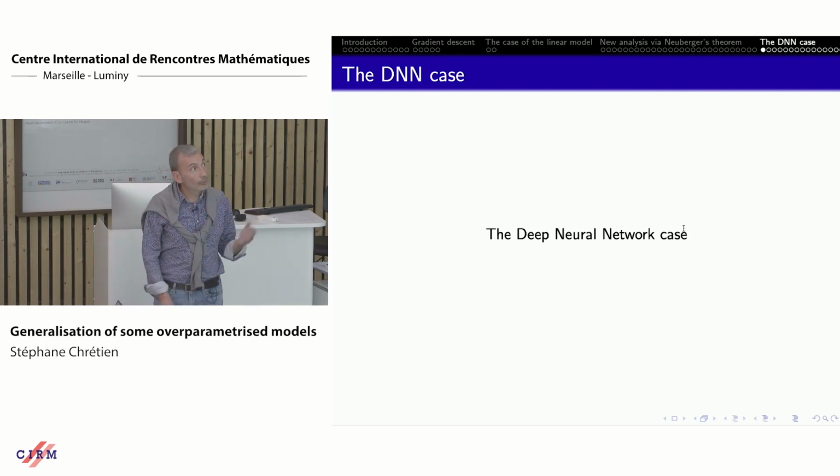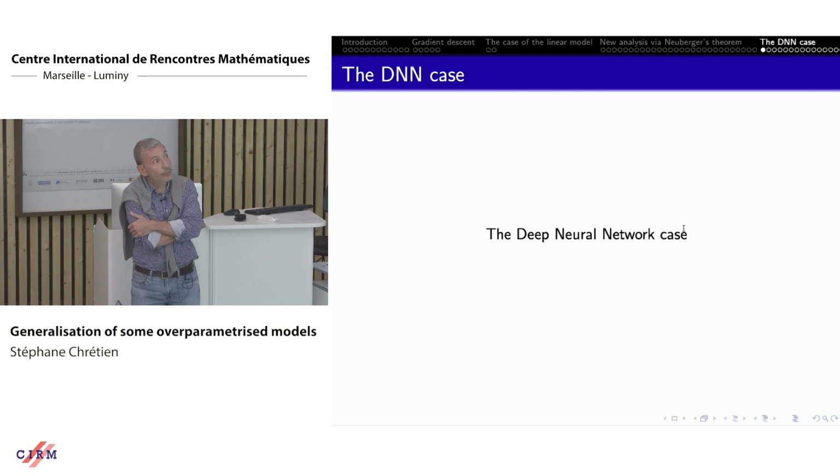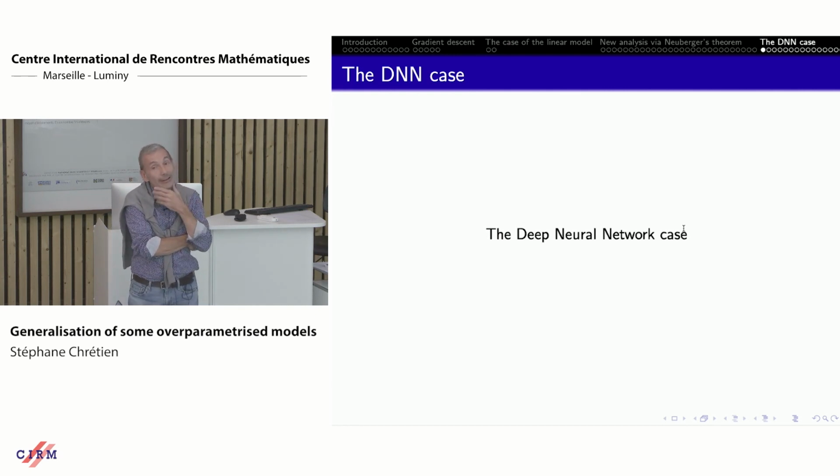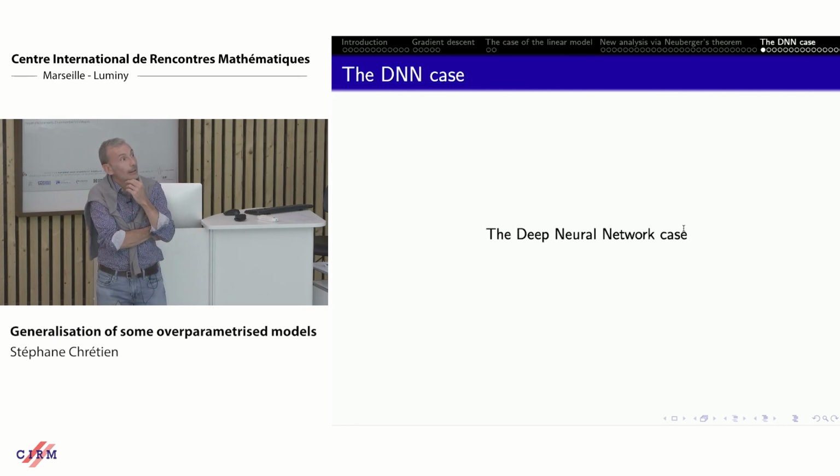So you can also try and understand the lasso or various other regularized problems. You can try and understand networks with one hidden layer, which is quite a nightmare, but you can write the system and you will end up finding something.